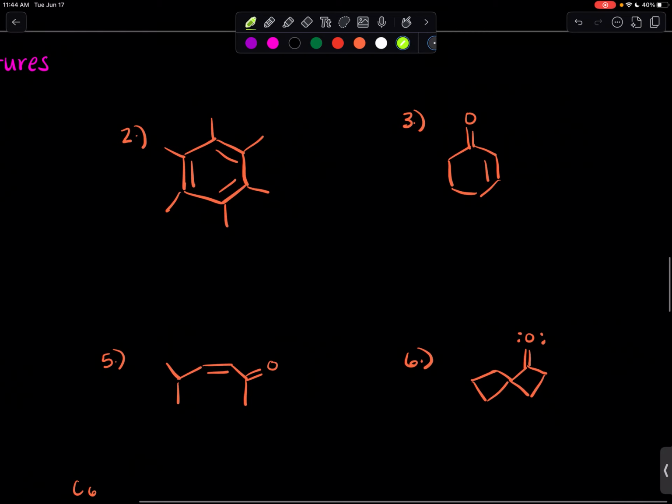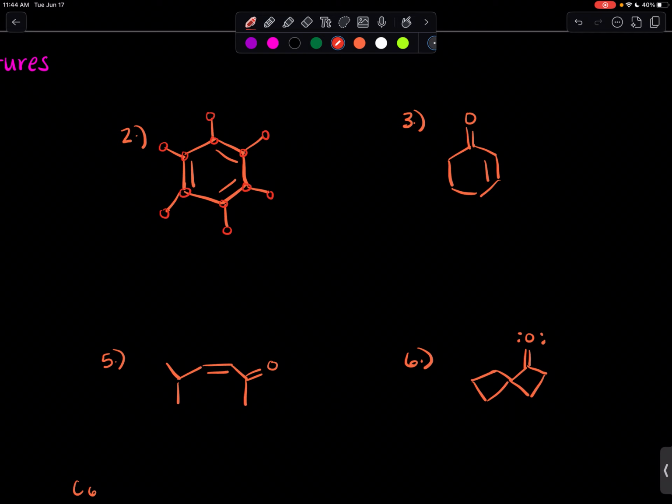Let's look at 2. Alright, so for our structure 2, let's circle all of our carbons. Each end is a carbon, indeed. So we have 6 of them there. 7, 8, 9, 10, 11, 12. We have 12 carbons.